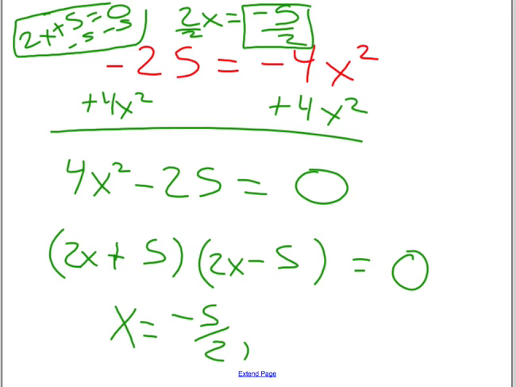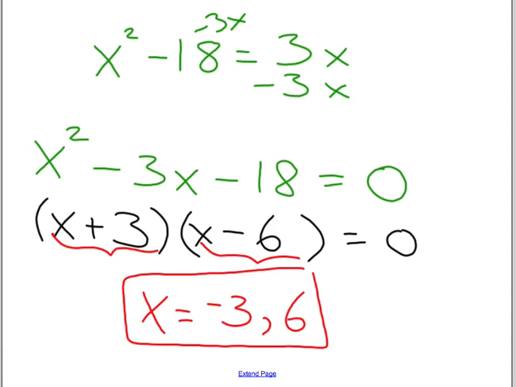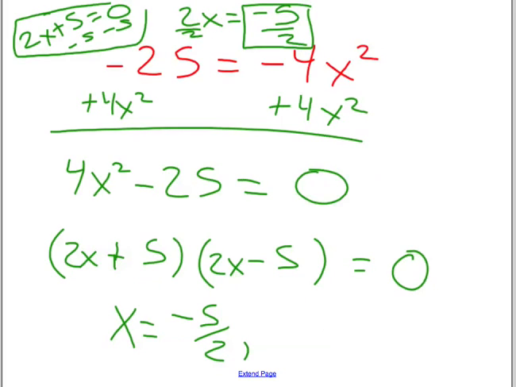It's like the 2 and 5. That's where they came from in the previous step. But now I'm solving. On the previous problem, we just put negative 3 and positive 6. Now, looking at this, we ended up with negative 5 halves as our answer to make this value 0.